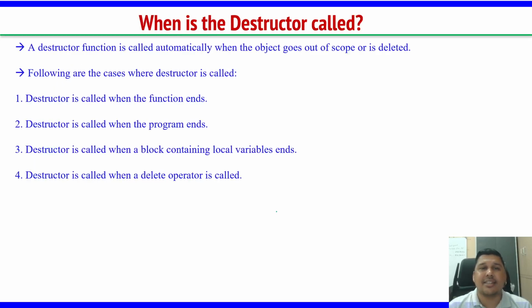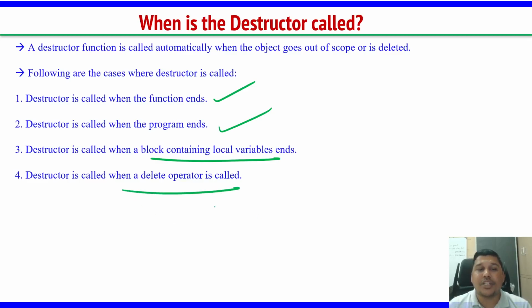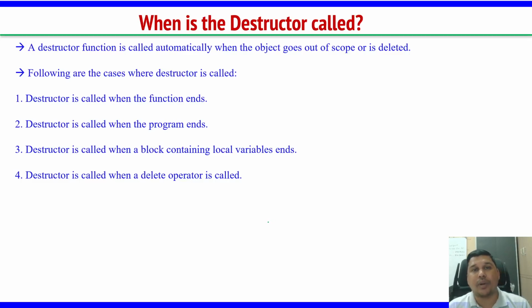In what cases is the destructor called? When the function ends, when the program ends, when the block containing a local variable ends, and when a delete operation is called. We will see implementations for all these cases, how and where a destructor can be used. For that, we have to write a program with a constructor and a destructor. So we will see that.